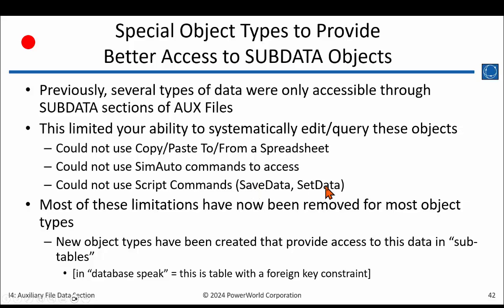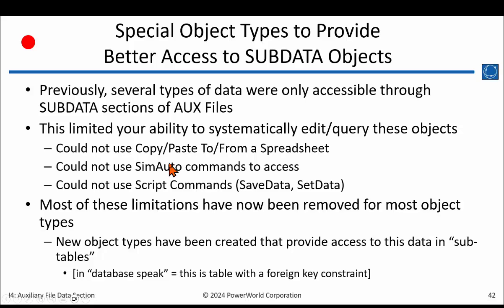Using script commands like save data and set data. Again, script commands are talked about in another section, but those are things that you might use either in an aux file or in conjunction with SIMAuto. And it's hard to manipulate subdata that way, or hard or impossible in some cases.